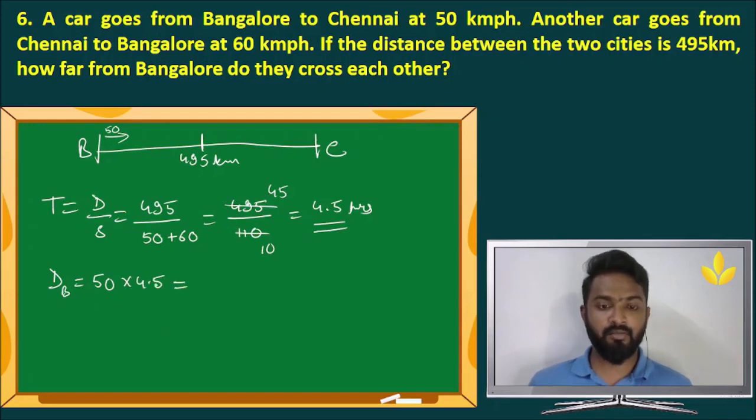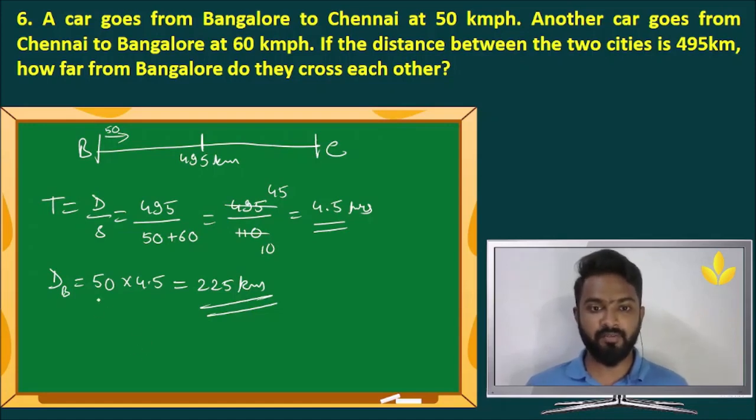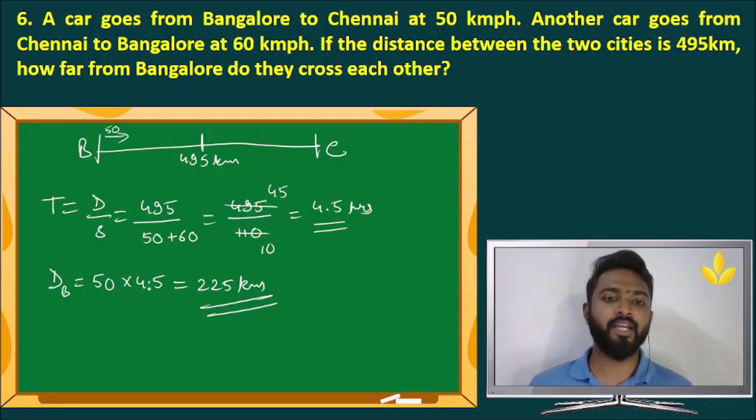How much is that? 50 into 4 is 200. So 50 into 0.5 is 25. So 225 kilometers. That is how you calculate when it comes to decimals. 50 into 4.5 is 50 into 4 plus 50 into 0.5. That is 225 kilometers.